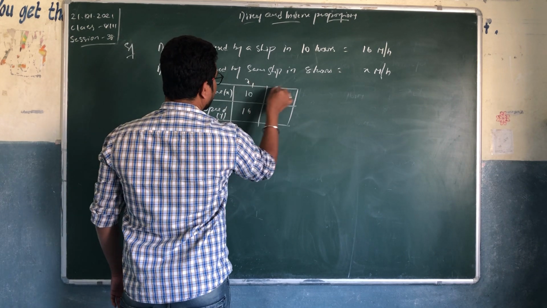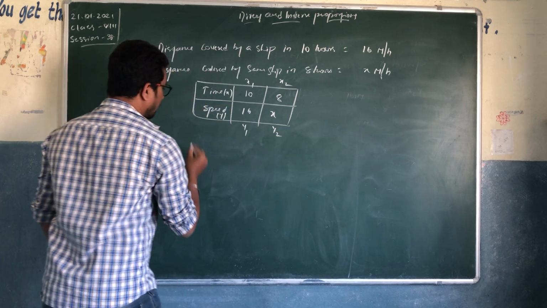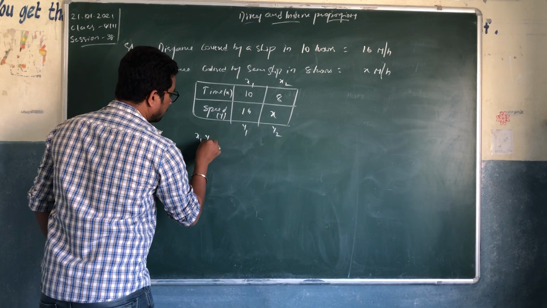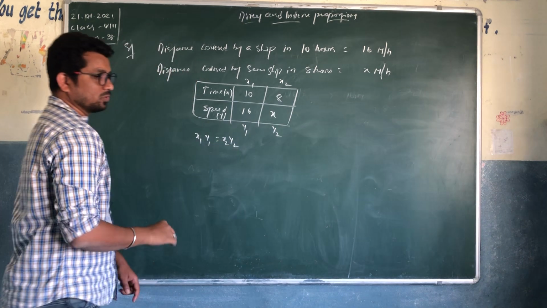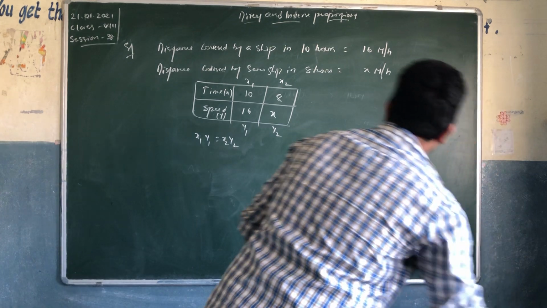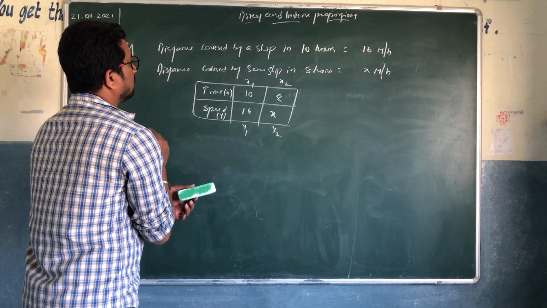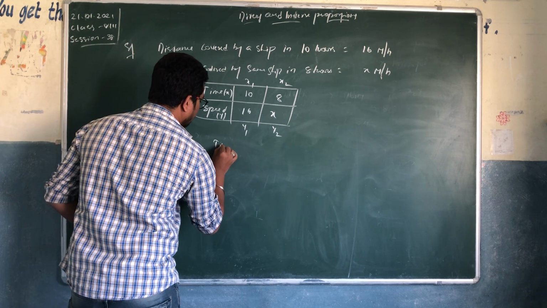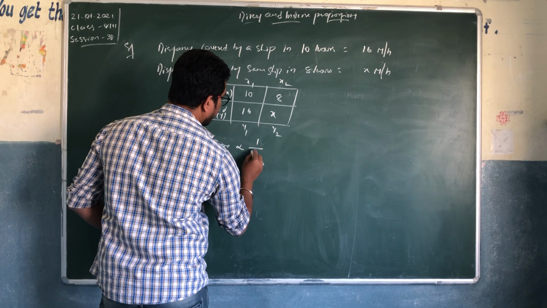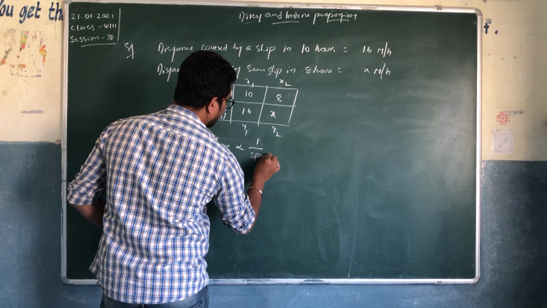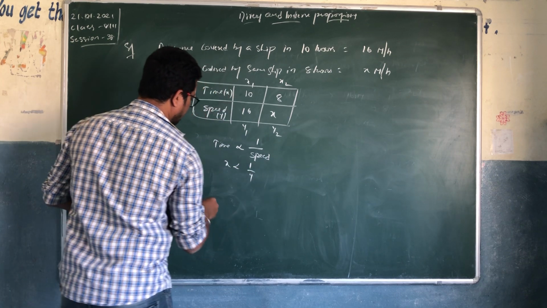So this is x1, this is x2, this is y1, this is y2. And the formula we have is x1 y1 is equal to x2 y2. Or we write one more step here: time is directly proportional to 1 by speed, or we can say x is directly proportional to 1 by y, right?